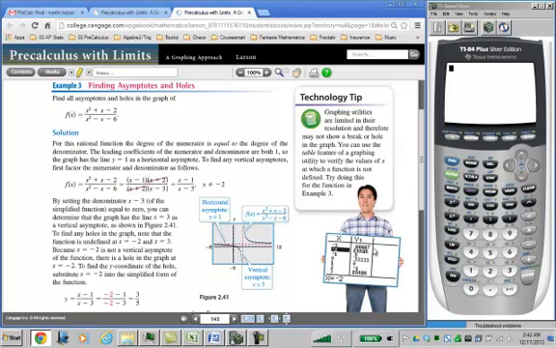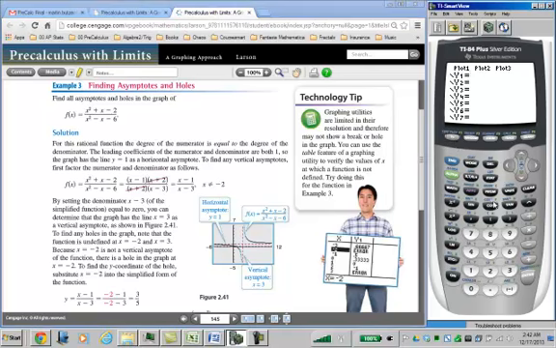Now they show you, if you put this in the calculator, let's go ahead and do that. We'll put in the numerator, x squared plus x minus 2, divided by x squared minus x minus 6.